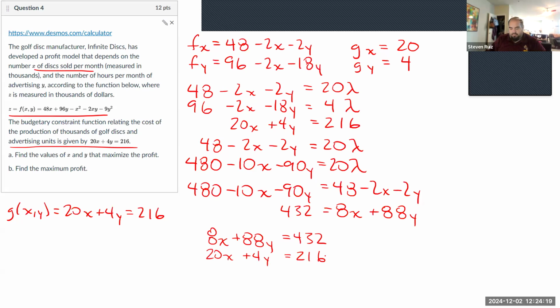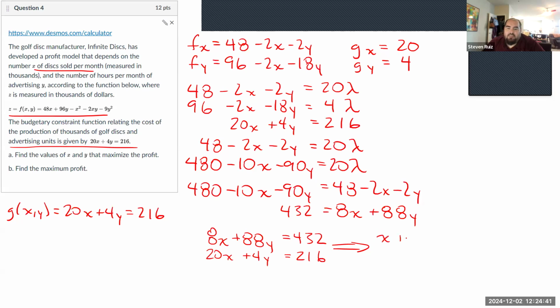All right. So solving the system of two equations and two unknowns is, relatively speaking, a lot simpler than solving a system of three equations, three unknowns. I think everything here is divisible by 4. That's 2x. I think this top one is divisible by 8.